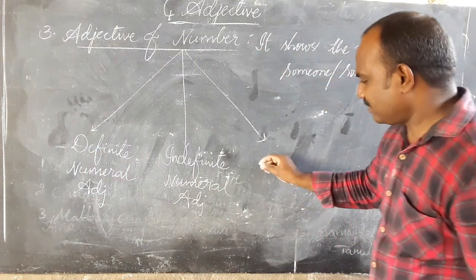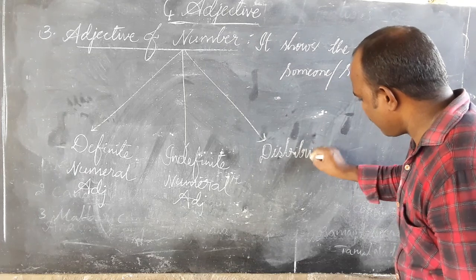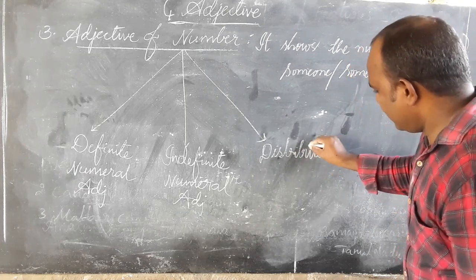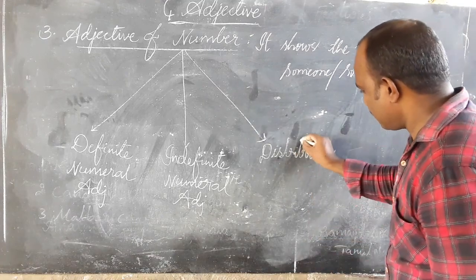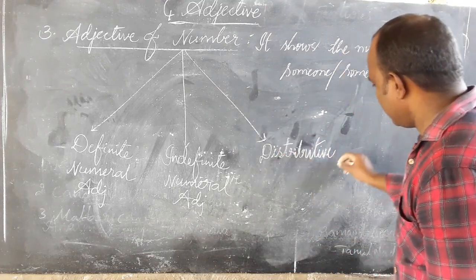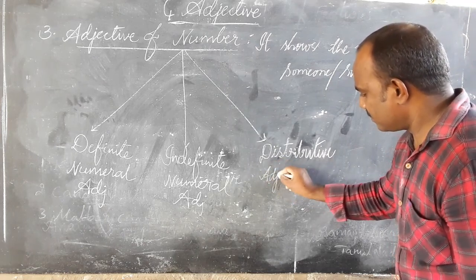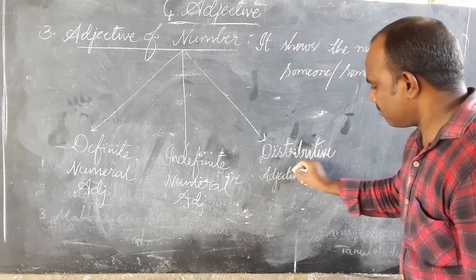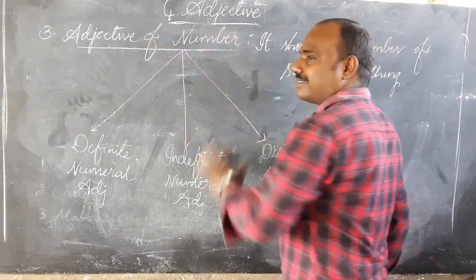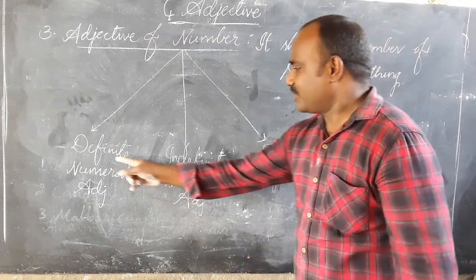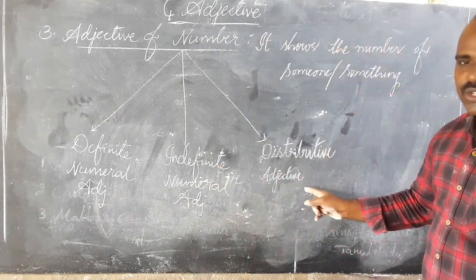And third one, distributive adjective. So these are the three types of number adjective or adjective of number. Definite numeral adjective, indefinite numeral adjective, distributive adjective.